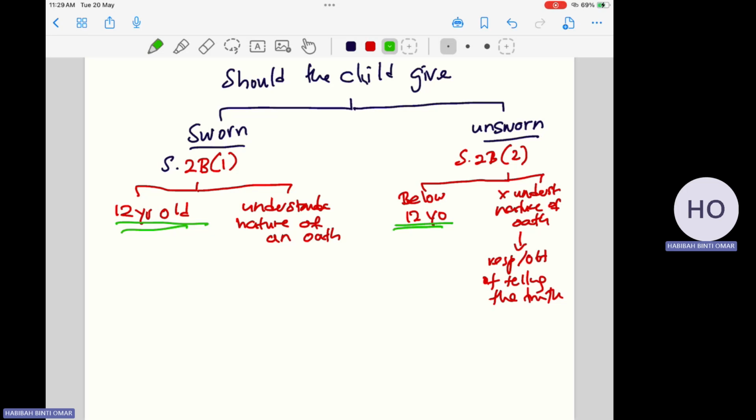So you have these two children of the same age but different levels of maturity. Because of that, section 2B, subsection 1 and subsection 2 recognize the fact that children have different levels of maturity, therefore you have this distinction in the law.